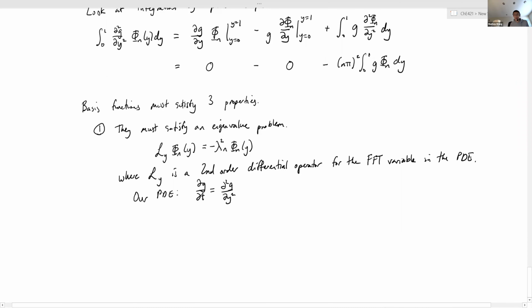Right? And so here, our differential operator is that. Okay? So in other words, we must satisfy basically this equation.